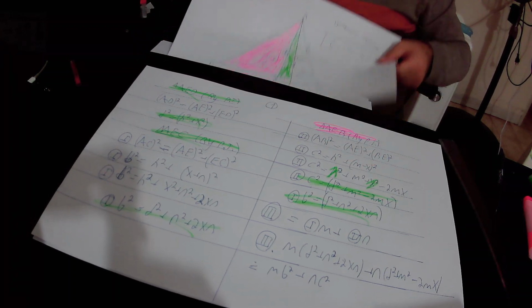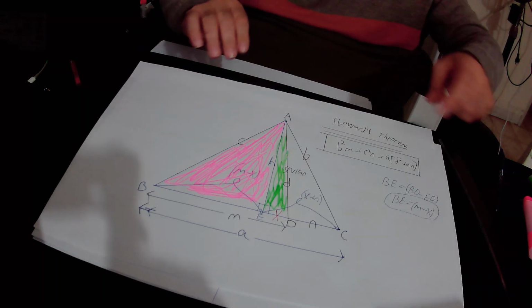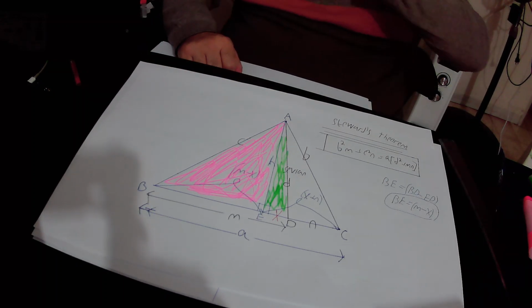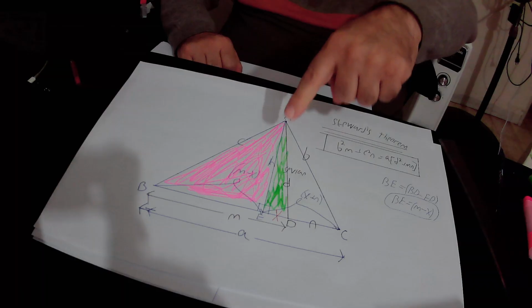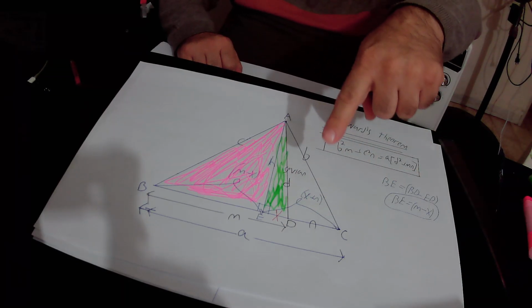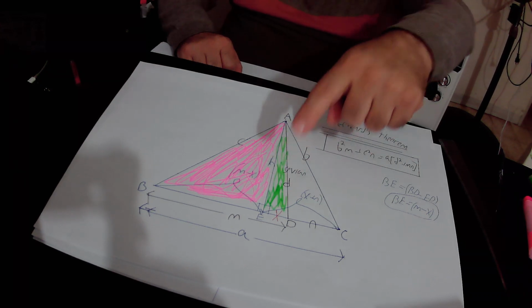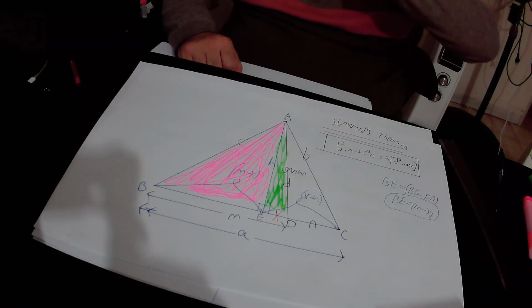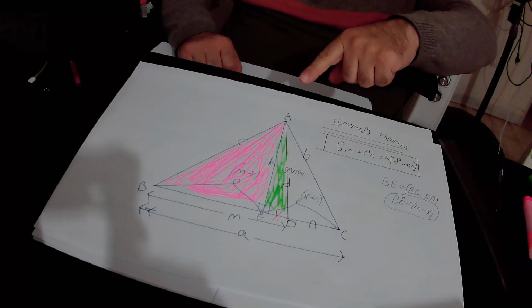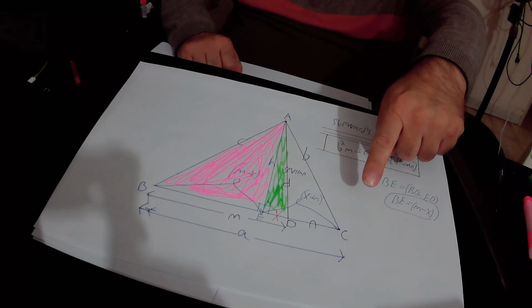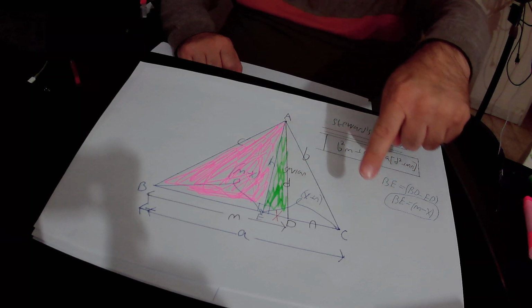Then we implemented the Pythagoras theorem on the right triangle, triangle AEC. According to the Pythagoras theorem, AC square equals EC square plus AE square.